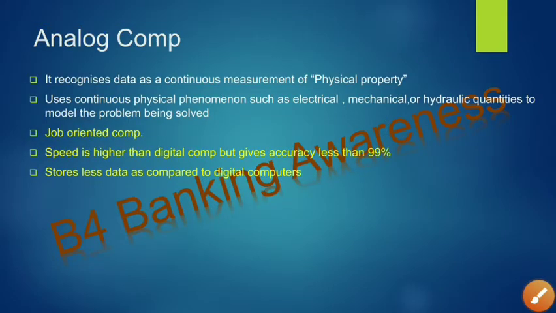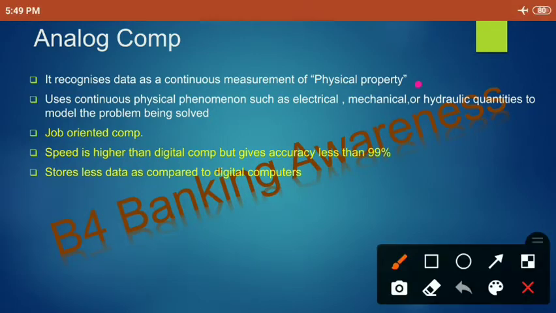Analog computers recognize data as continuous measurement of physical property. Analog computers use continuous physical phenomena such as electrical, mechanical or hydraulic quantities to model the problem being solved. Analog computers are mainly job-oriented computers.